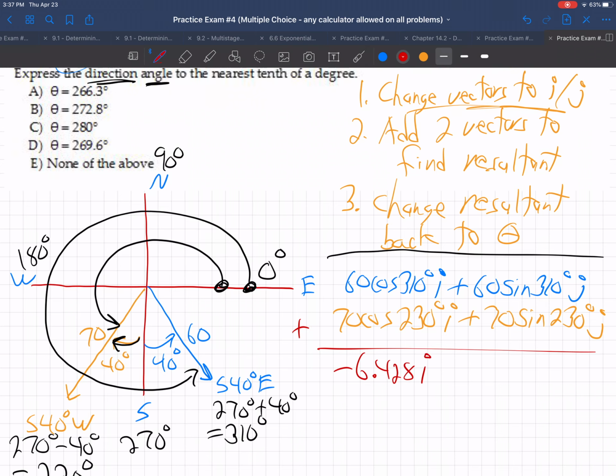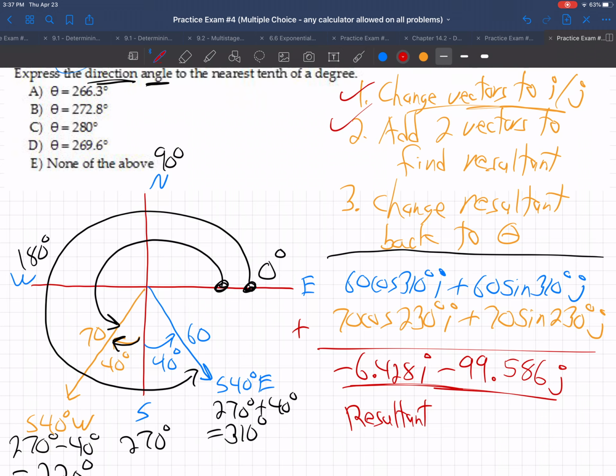The next one, negative 99.586j. So this is the resultant vector. Step 2. Check 1, check 2, step 2.